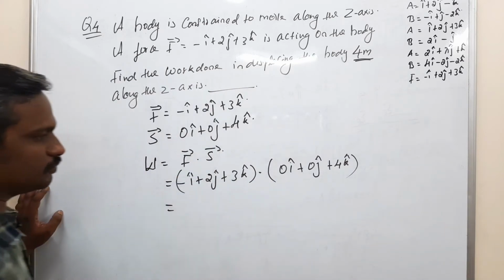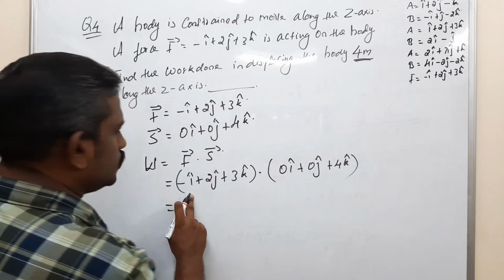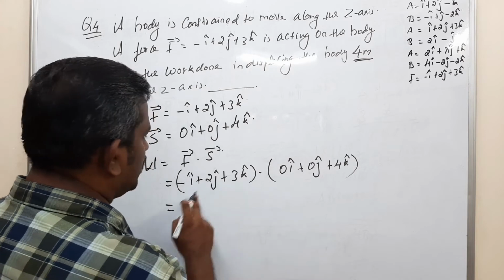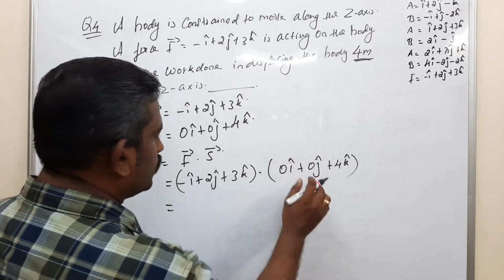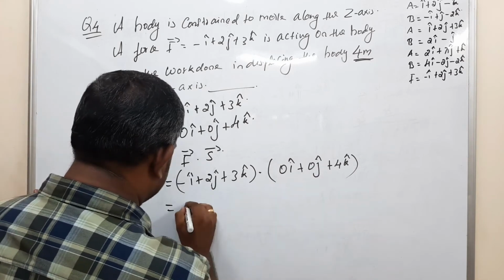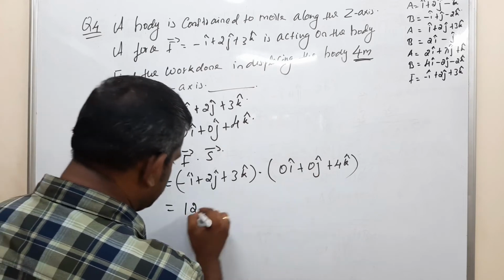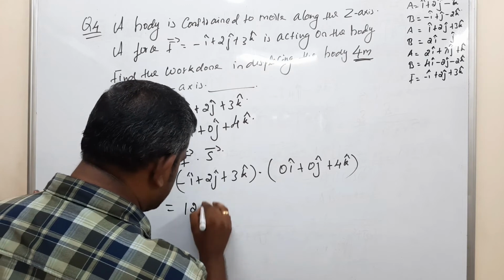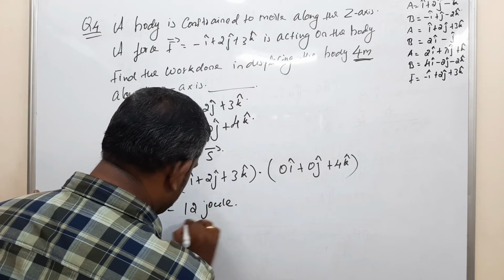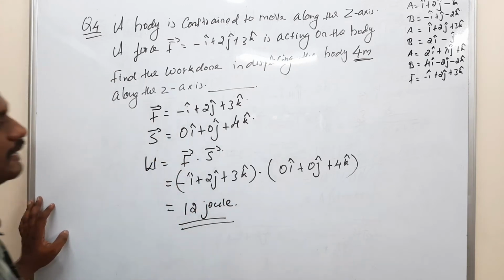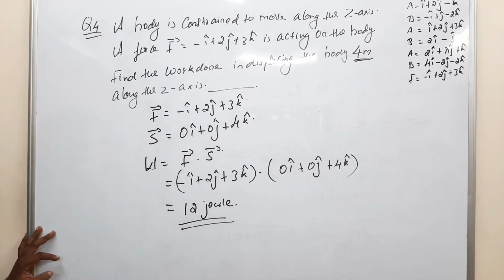So that's equal to 0, 2 into 0 is 0, and 3 into 4 is 12, k into k. So 12. Work done, what is the unit? That is joule. 12 joule is the answer. Clear?